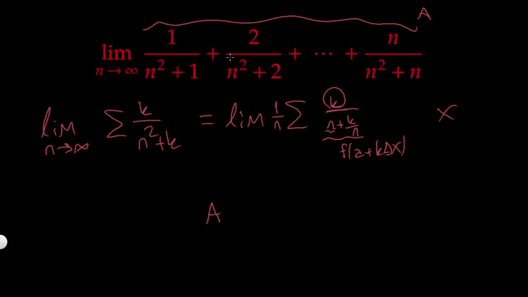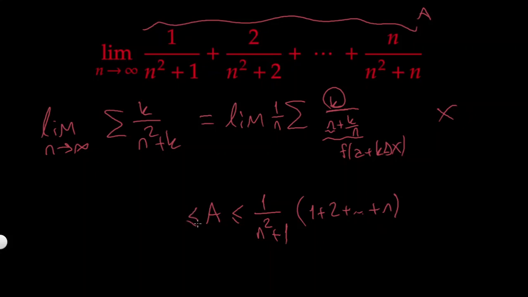Is 1 over n squared plus 1 bigger, or 1 over n squared plus 2 bigger? Of course, the one with the lower denominator is bigger. So 1 over n squared plus 1 is bigger than all of these terms. If I make all of these denominators n squared plus 1, the sum is just going to get bigger. So this is my upper bound.